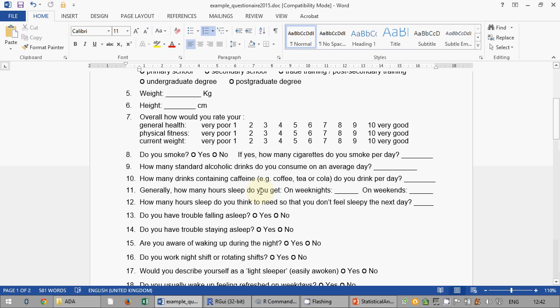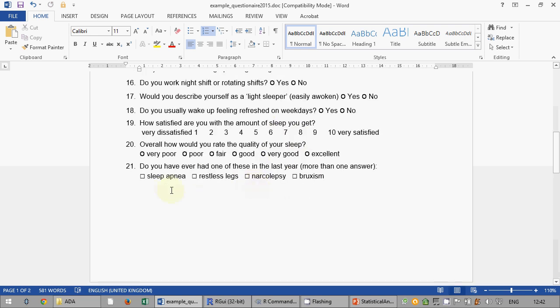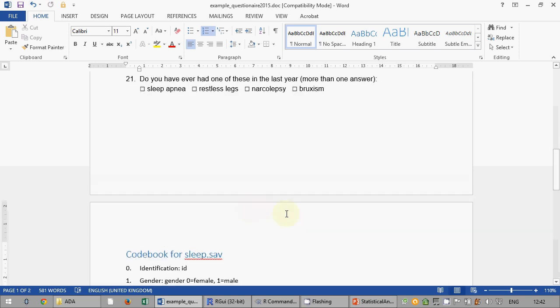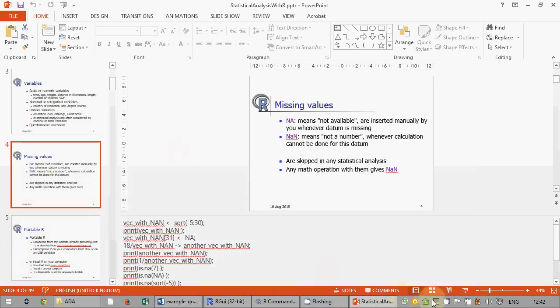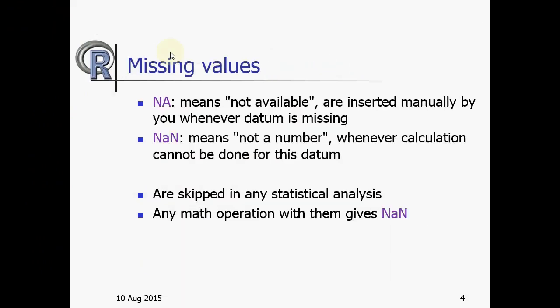There are many people who answer no, then yes, and then change their mind, write no, and you don't understand anything. Or here, two things, very typical. So the person answers something incomprehensible, or doesn't answer, or answers wrongly. All these cases are called NA, not available.